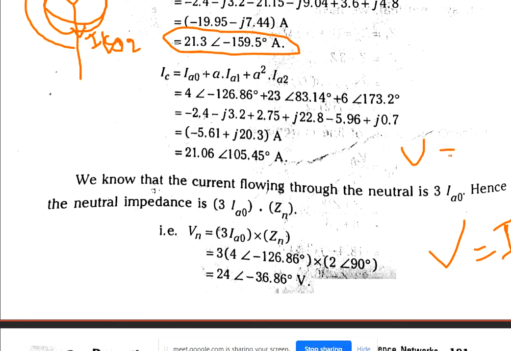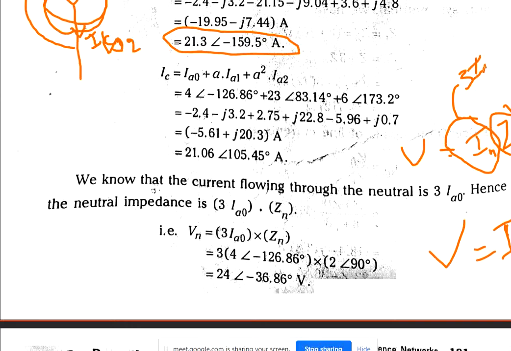Now what is I here? This is my neutral current and Z is my neutral impedance. IN is 3 into IA naught when it is unbalanced.